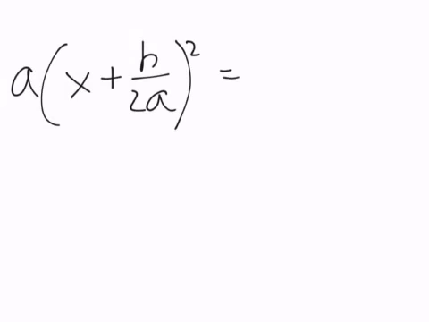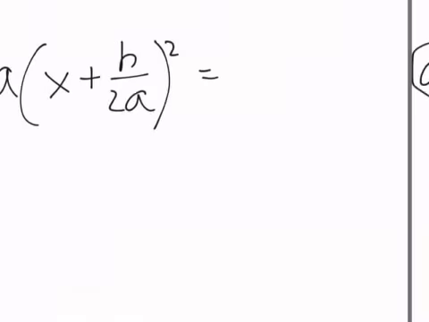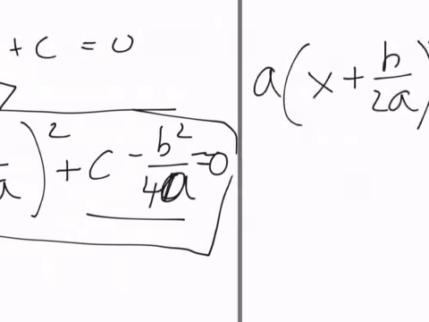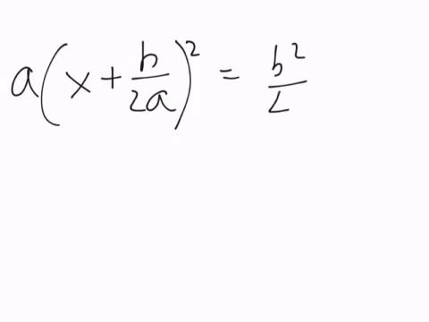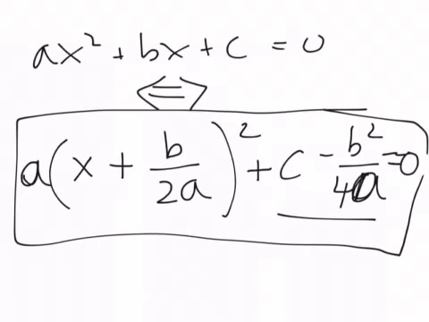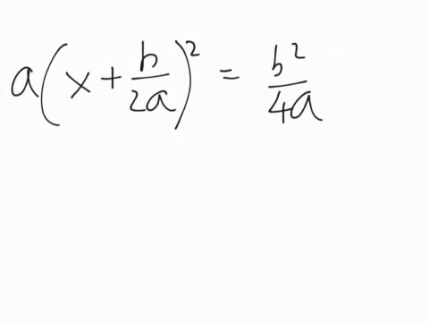So we'll be left with a times x plus b over 2a squared equals, bringing it to the other side, b squared over 4a minus c. And in fact, I'm going to times it by 4a and then divide it by 4a.